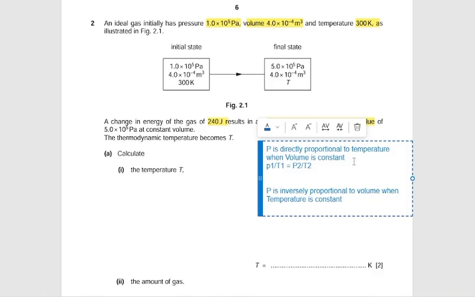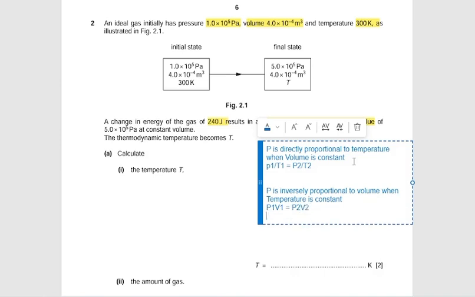And from that we can deduce P1 V1 is equals to P2 V2.